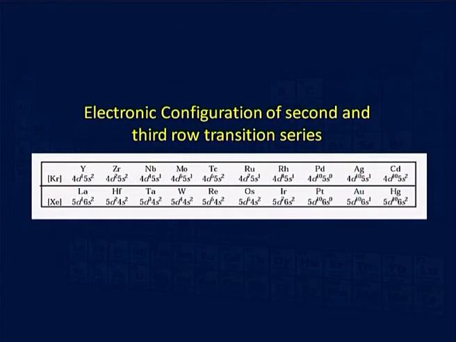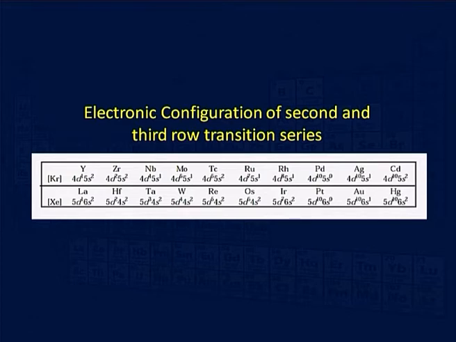This is the general electronic configuration of the second and third row transition series. You will find that the electronic configurations of second and third row transition metal ions are not very similar to those of the first row transition series, although they belong to the same group in the periodic table.